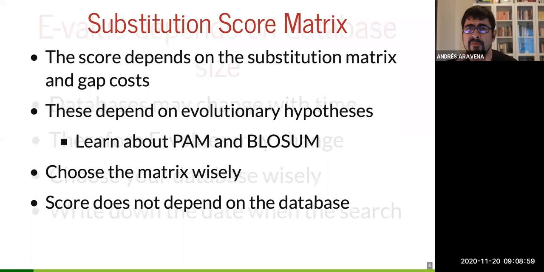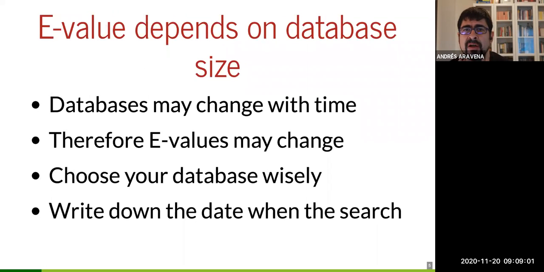On the other side, if you have a database, then you have an e-value. An e-value is a property of the database. Of course, it also depends on the sequence that you are using, but the basic question is depending on the database. If the database changes, the e-value changes.